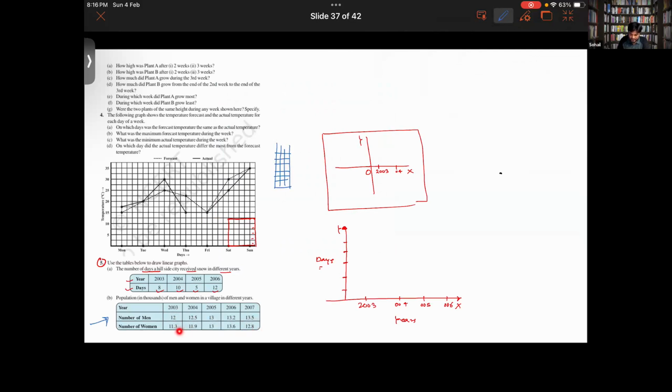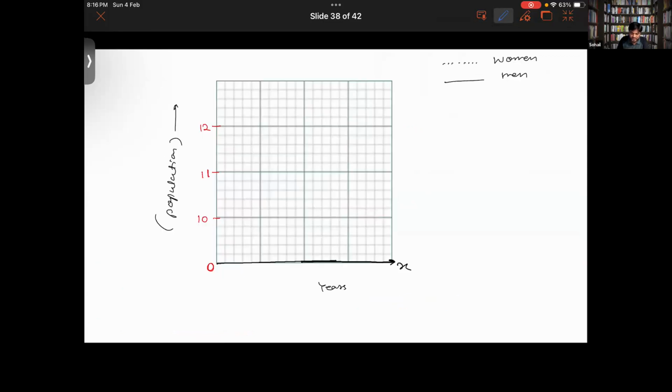The minimum value is 11.3 here, right? 11.3, 11.9, like this, different values are given over here. So obviously the benchmark is that you have to start from 11, but we will start from 10 here. You have all studied decimals, right?